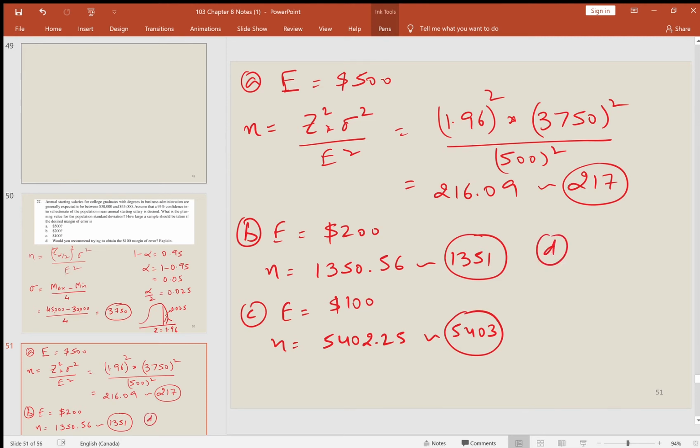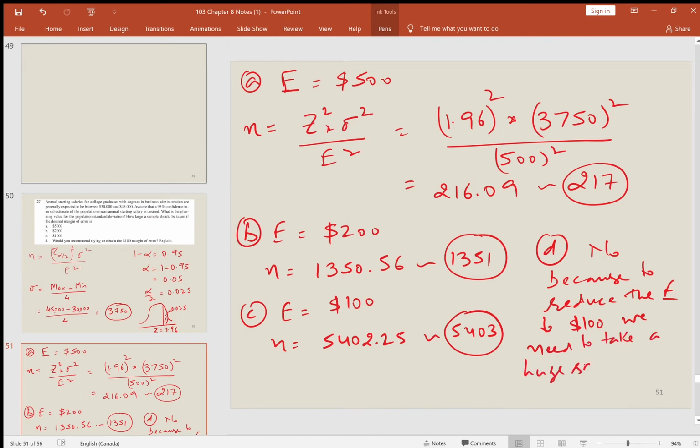Now part D is asking, would you recommend trying to obtain a margin of error of $100? And we would say no, because to reduce the margin of error to $100, we need to take a huge sample of 5403 students, which is expensive.